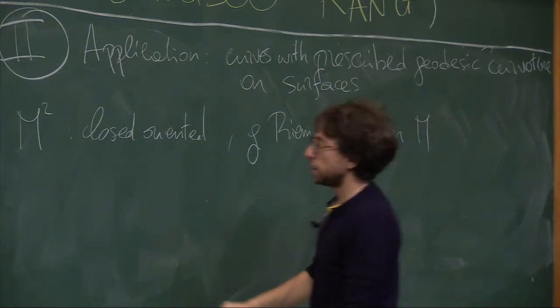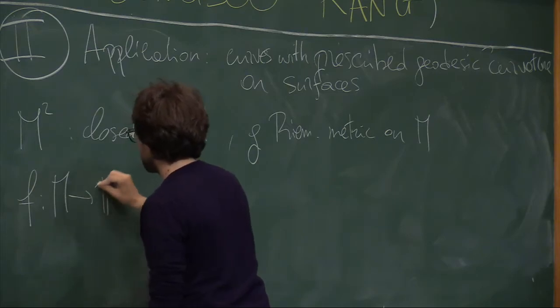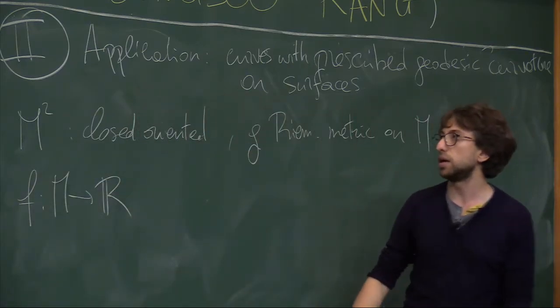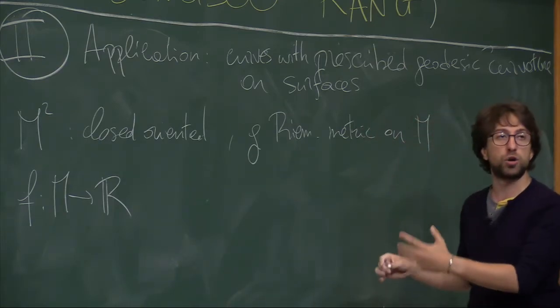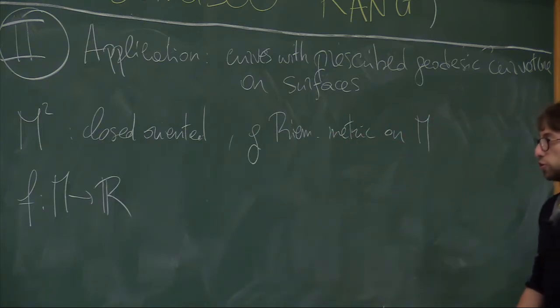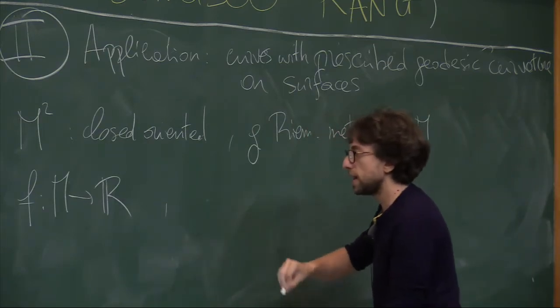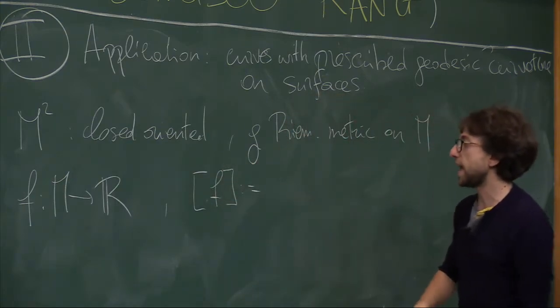And now, for every f, which is a function from M to R, which I interpret as prescribing this geodesic curvature, I will define a set of curves having this f as the geodesic curvature. Okay, but prior to doing that, I just define this quantity. This is just the average of f.